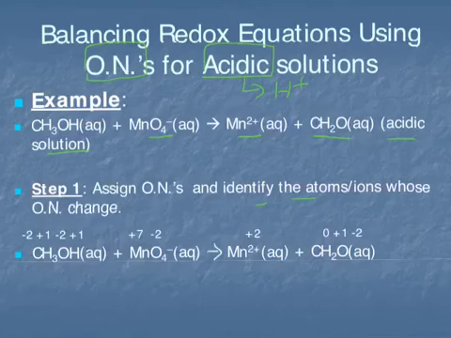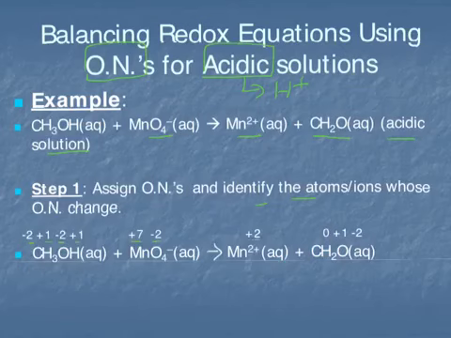In methanol, the carbon is -2, hydrogen is +1, oxygen is -2, and again hydrogen is +1. In permanganate, manganese is +7, oxygen is -2. Those are the oxidation numbers of our reactants. Let's look at the products now.